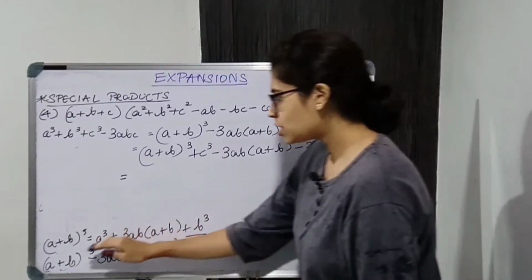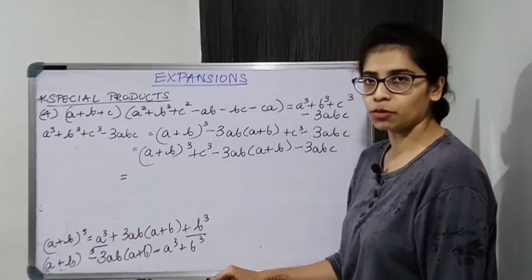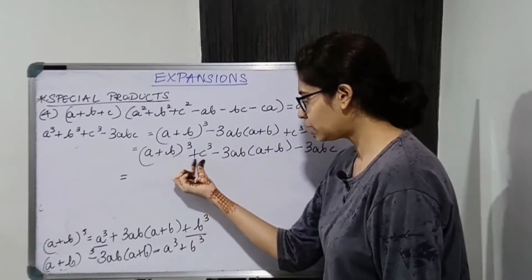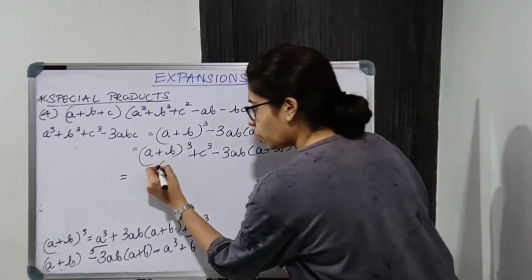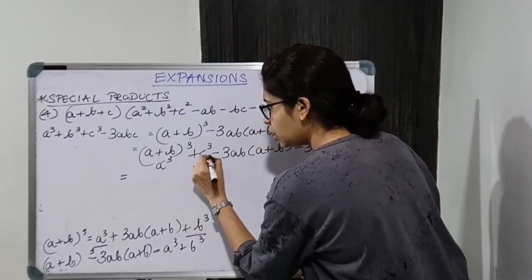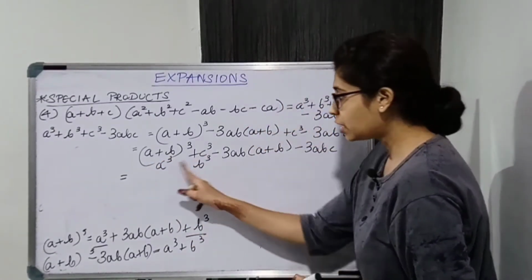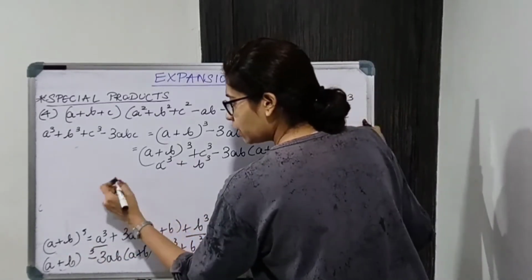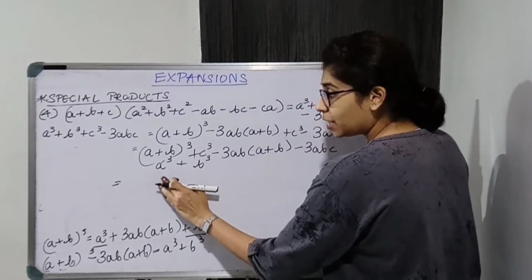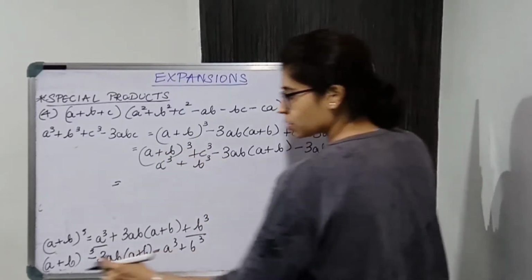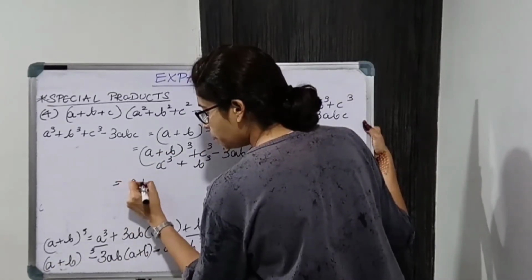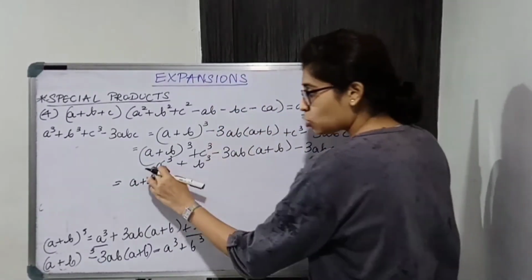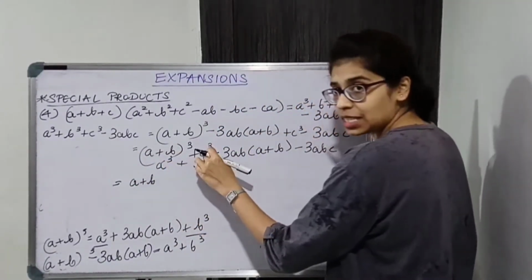Now again we'll use the same formula, a cube plus b cube formula. Consider this whole thing as a cube, and consider this as b cube. What is a cube plus b cube? Same thing. So over here a is a plus b, students, and b is c.